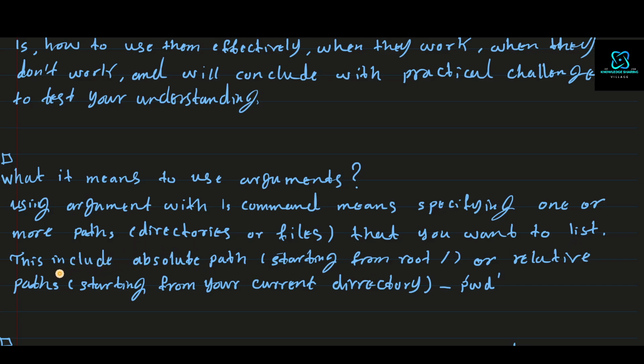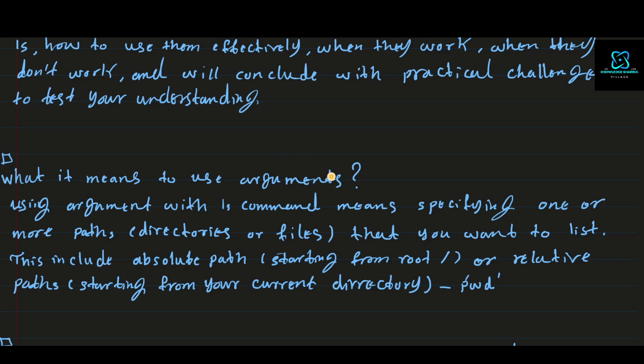This includes absolute paths. These are the paths that start from the root, or this character. You can pass the absolute path as argument to ls command, or relative path. Relative paths are paths that start from your current directory, or the current position that you are right now in the file system hierarchy.